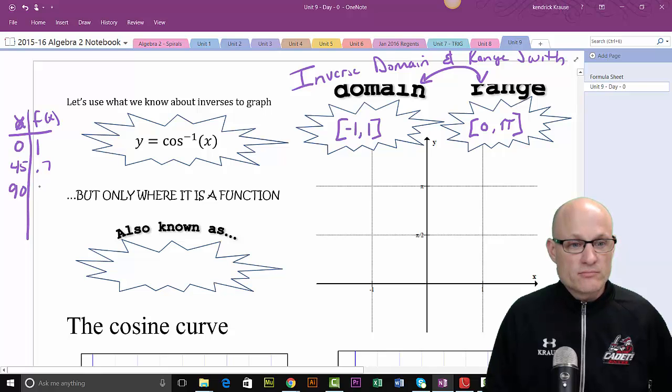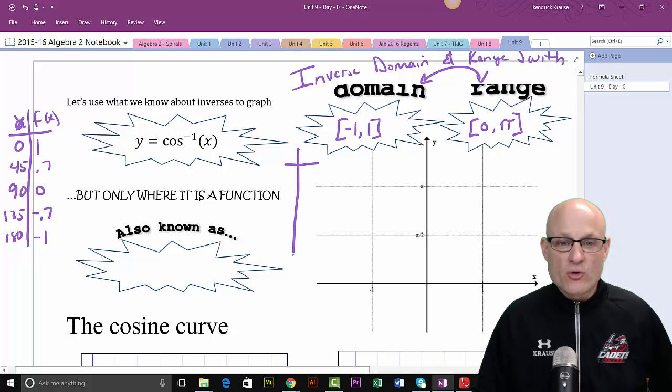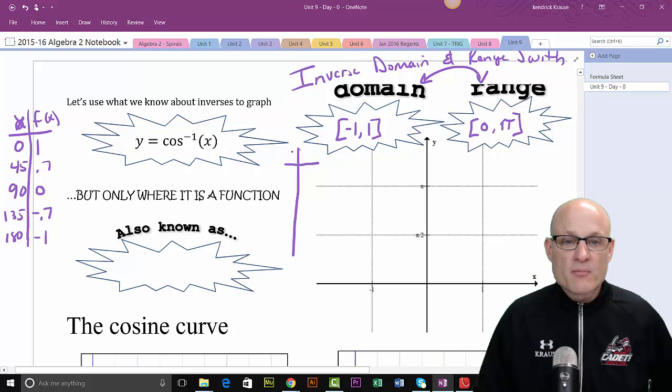At 135 degrees, it was negative 0.7. And at pi, or 180 degrees, it was negative 1. So if I want to graph the inverse, I'm going to switch those. So this is f inverse of x. Let me do this in red.